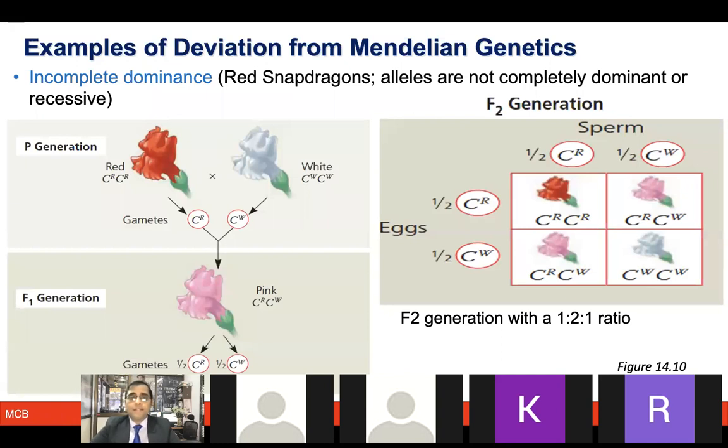So let's look at this interesting plant, a red snapdragon. Here the flowers are either red colored or white colored.